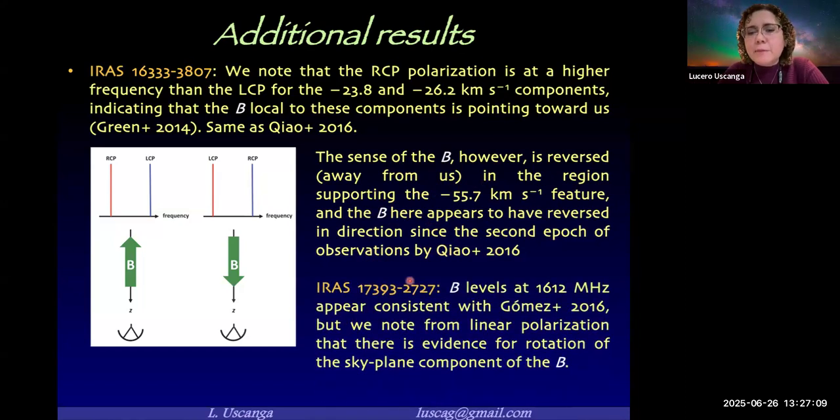Regarding the other planetary nebula, we found that the magnetic field strength at 1612 appears to be consistent with the values reported by Gomez and collaborators in 2016. But we know from the linear polarization that there is evidence for rotation of the sky plane component of the magnetic field.